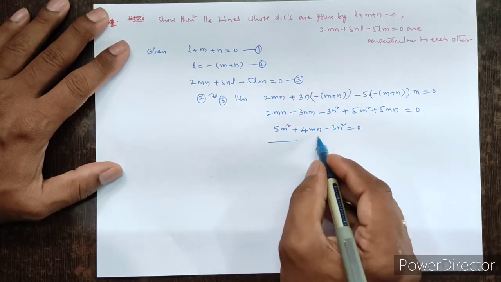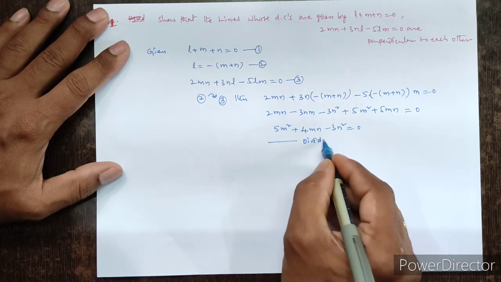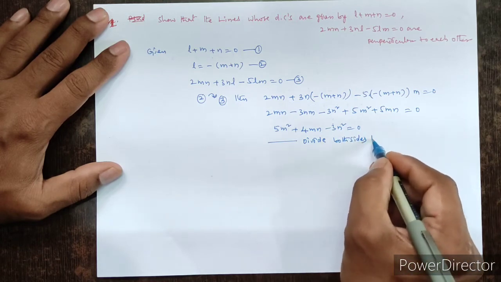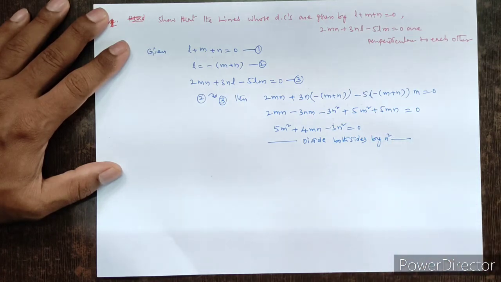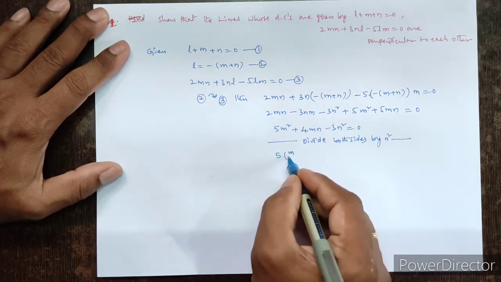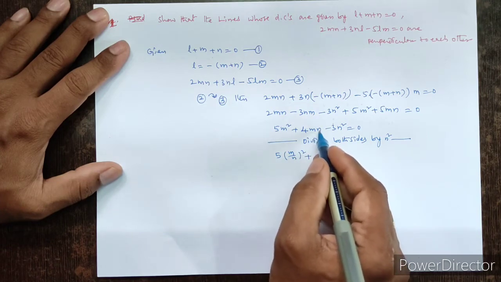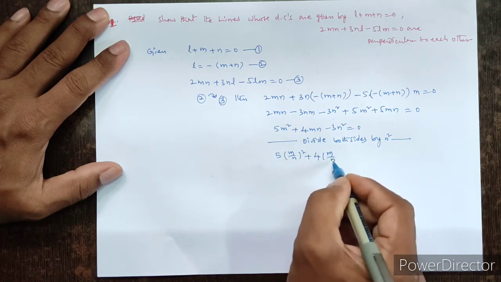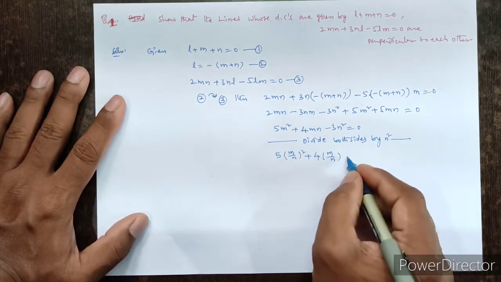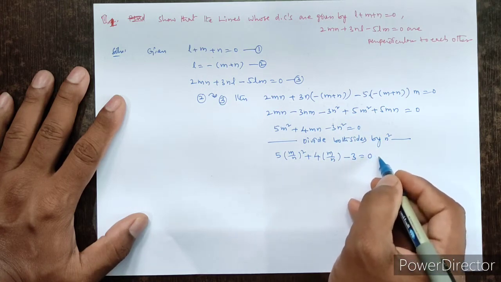So in this equation divide both sides by n square, we will get 5 (m by n) whole square plus, n square with denominators, n gets cancelled, 4 m by n minus, n square gets cancelled, 3 equal to 0. 0 by n square is nothing but 0.